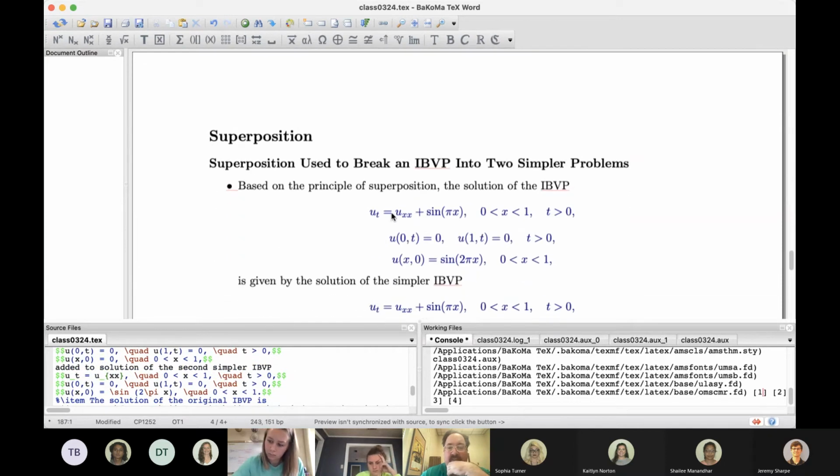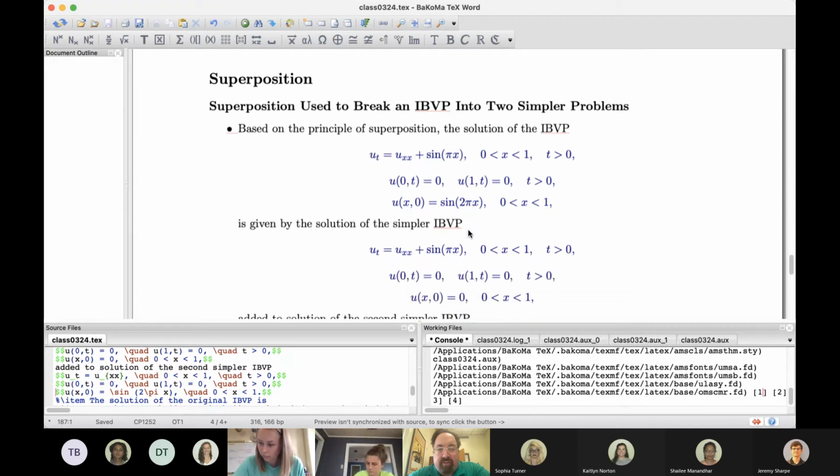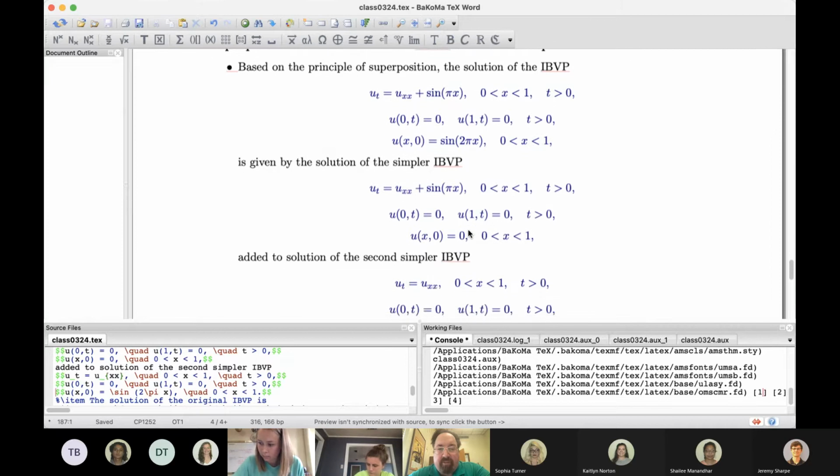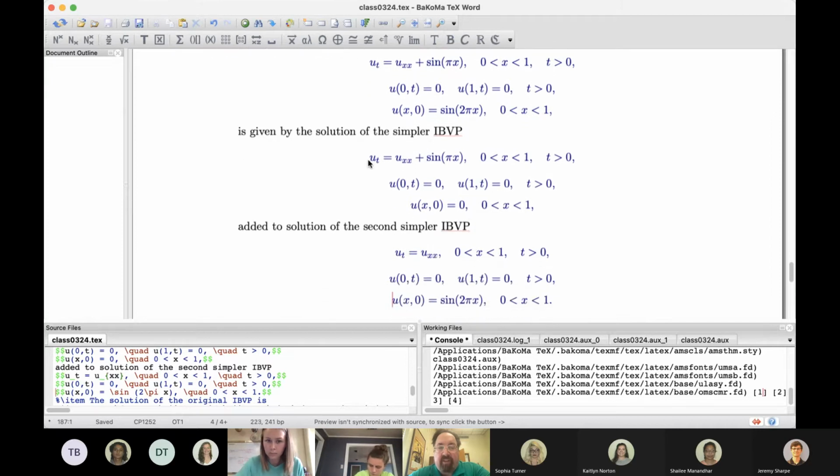So let's suppose I have this initial boundary value problem. Here I have my initial data, sine 2 pi x. This is a heat equation, and I have a non-homogeneous PDE. I have a source term here. So what I can do is break it down into two problems. Notice the first one: the PDE is the same, the boundary conditions are the same, but my initial data is 0.